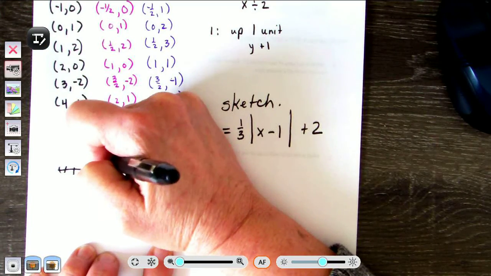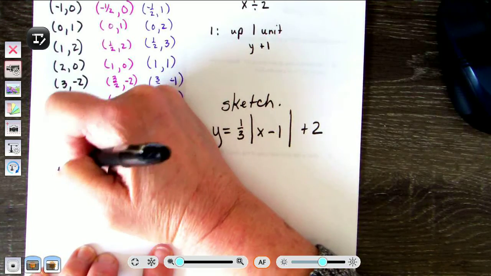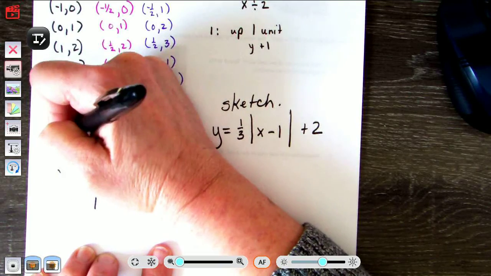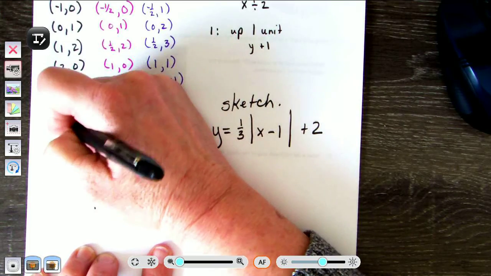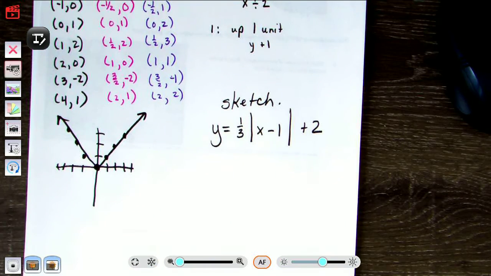So (1, 1), (2, 2), (3, 3), (-1, 1), (-2, 2), (-3, 3), and it continues on forever. Okay? So when we transform it or shift it and stretch it and smush it, this thing is going to still look like a V of some sort. Okay, so where do we start?